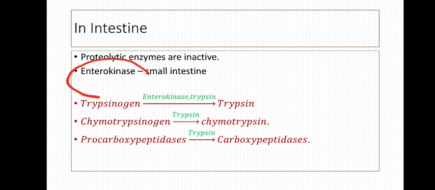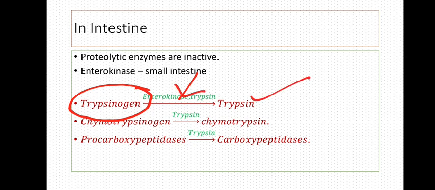Remember, it is secreted by the small intestine, and this particular enzyme does not have any digestive property. Instead, its work is to activate other enzymes, particularly trypsinogen. This enterokinase enzyme activates trypsinogen to trypsin, and this happens in alkaline pH.